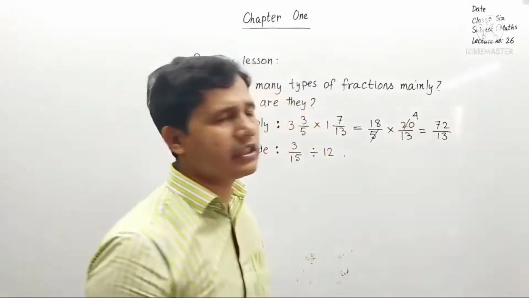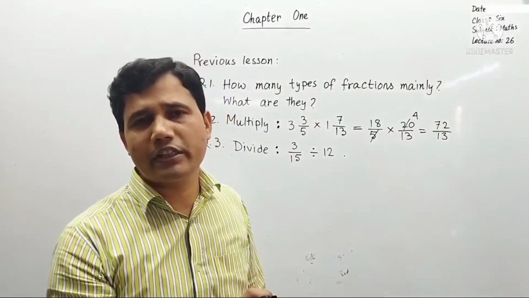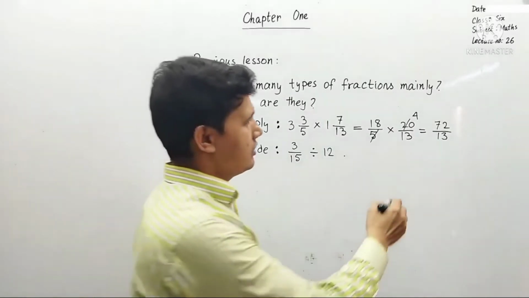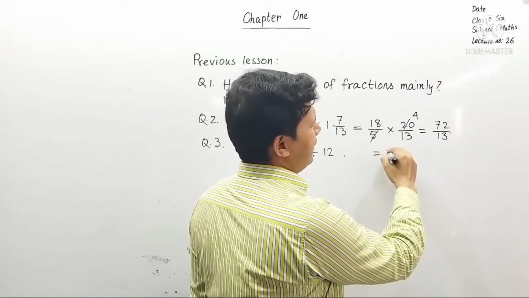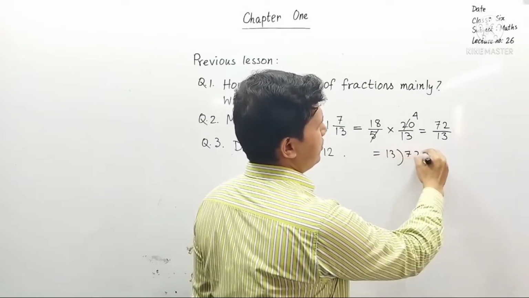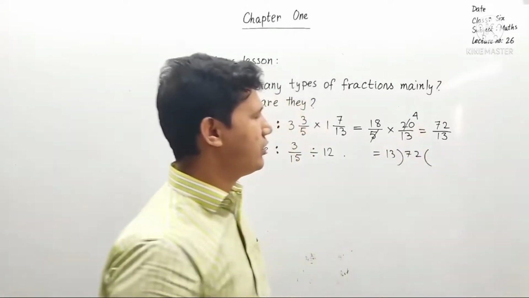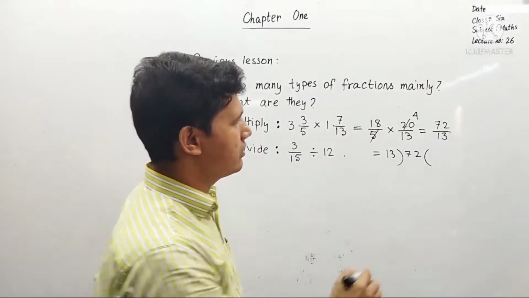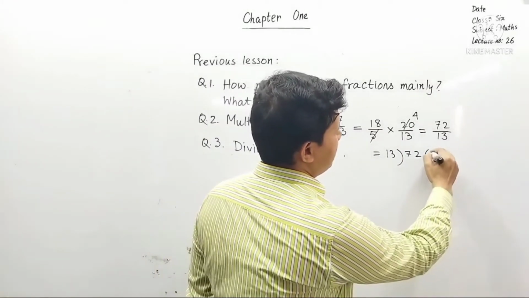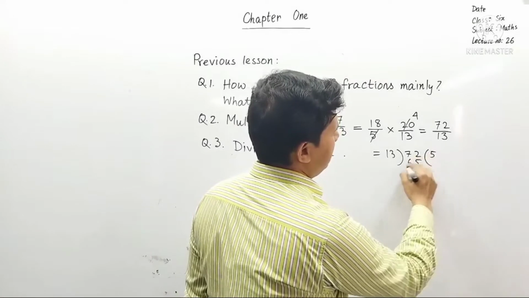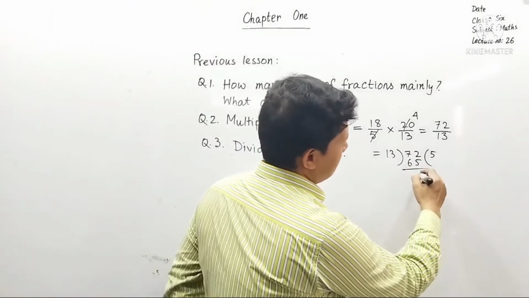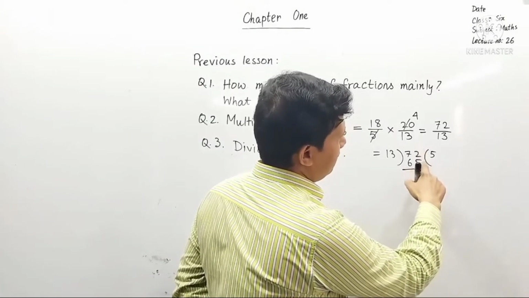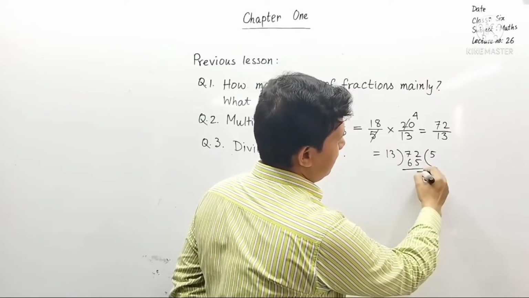Since this one is an improper fraction, you will convert it into a mixed fraction again. So after dividing, you will get 72 over 13. How many times will it go? 5 13s are 65. Left 7. 12 minus 5, 7.